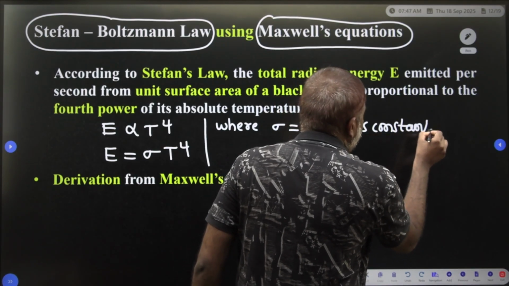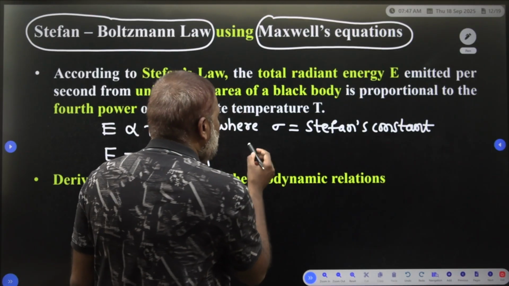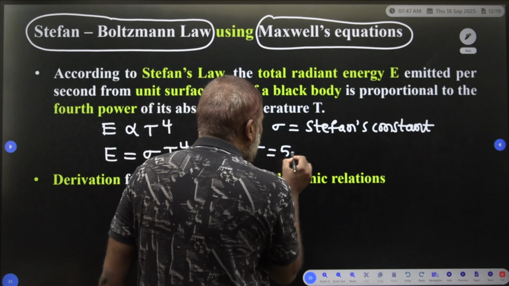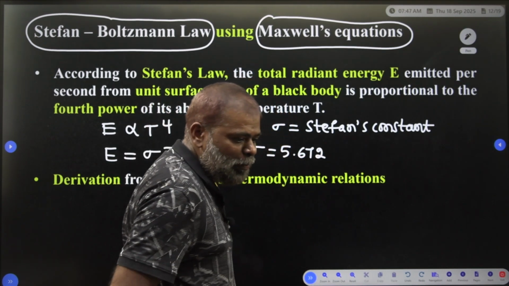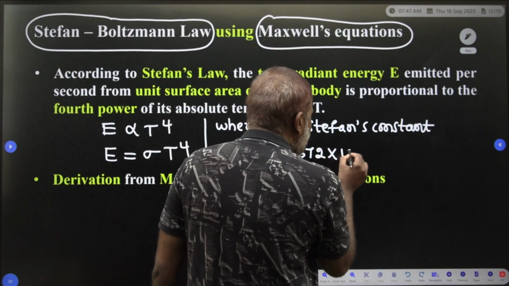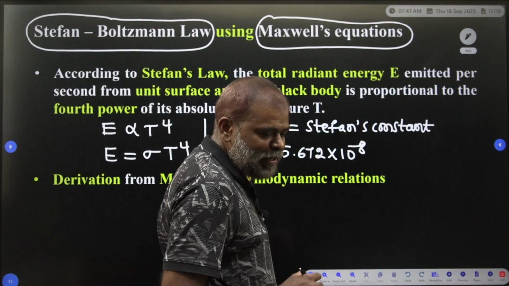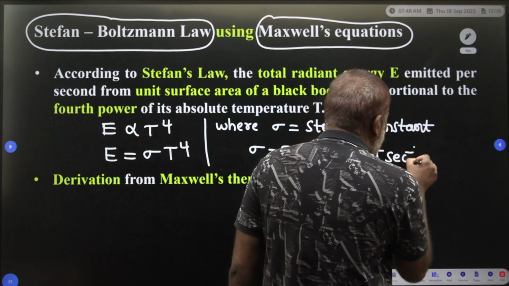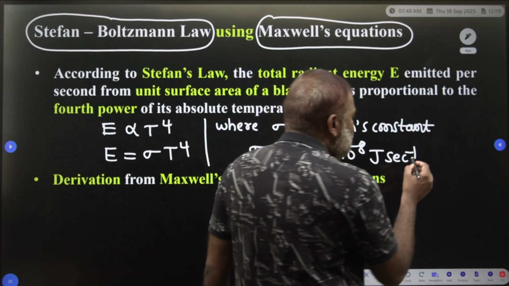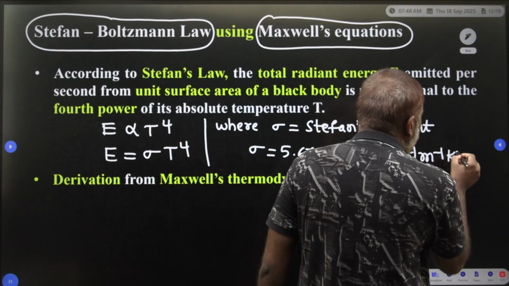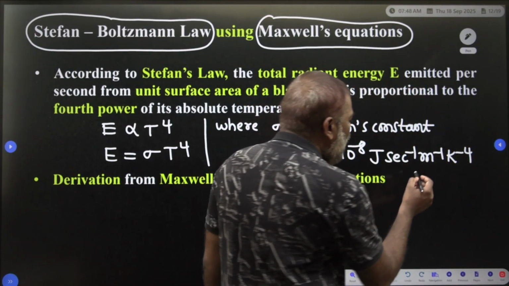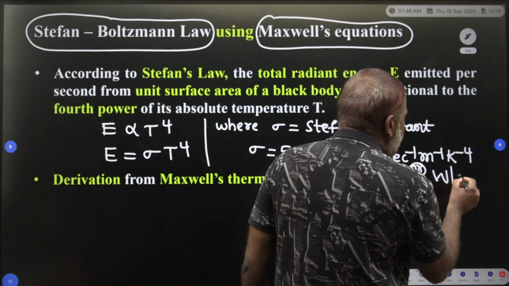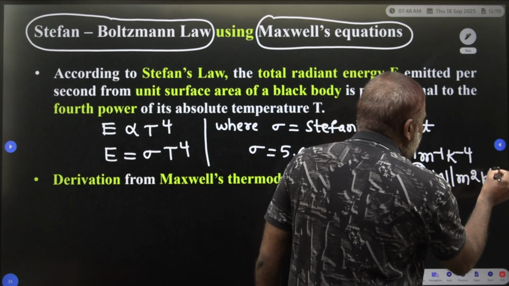This Stefan's constant is a universal constant, meaning wherever you go, the Stefan's constant won't change. That is 5.672 × 10^−8 joule second inverse meter inverse Kelvin to the power of −4, or this unit we can also take as watt per meter square Kelvin to the power of 4.